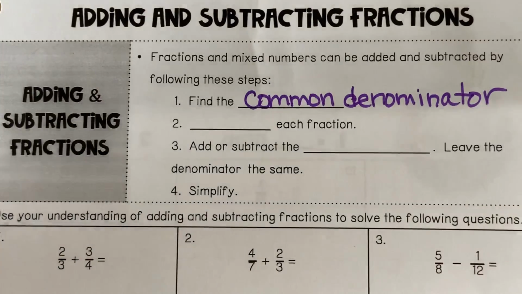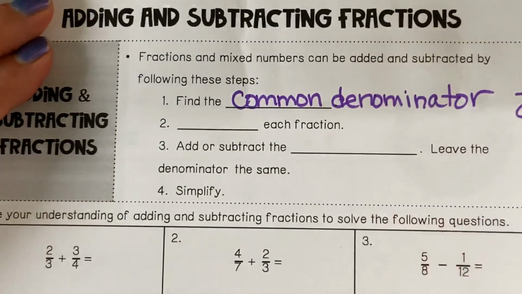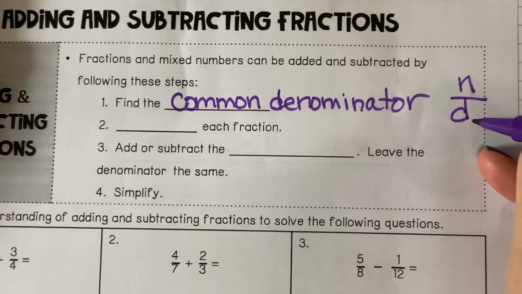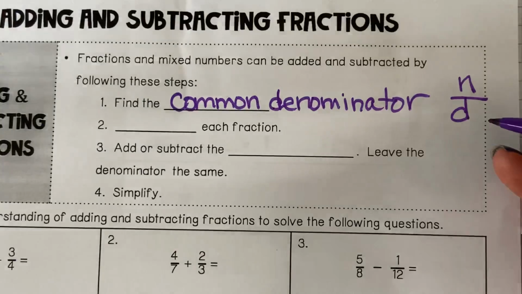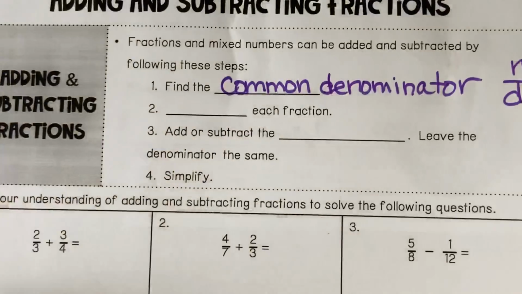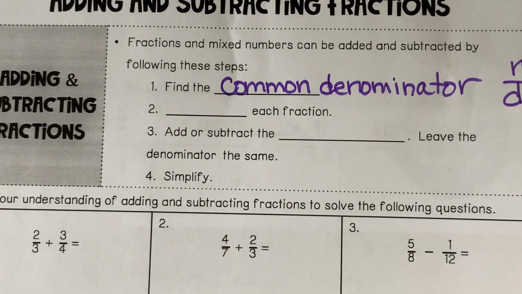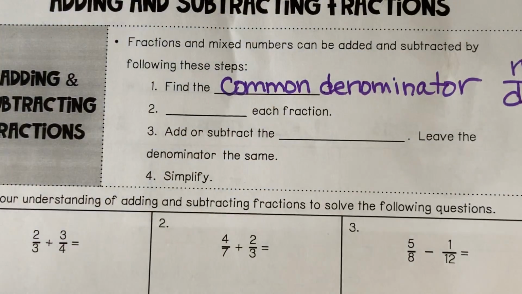Remember it's the numerator and the denominator, right? So you need a common denominator. You need a number that both numbers go into evenly, okay? All right, so the second step is you're gonna multiply each fraction by 1 or the other denominator, okay?